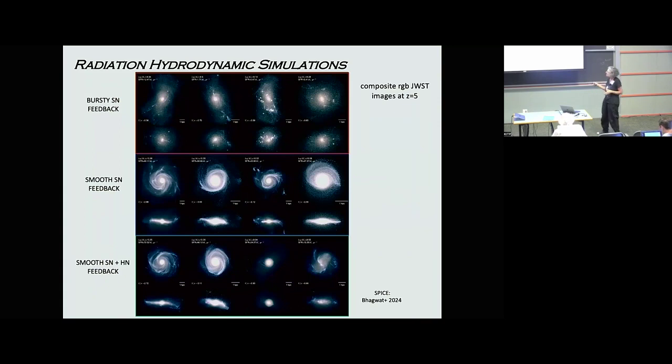The bottom case is like the smooth one, but you have some hypernova explosions, so a higher energy. And you see that with less disruptive feedback, you have the time to form nice disks. In a case in which feedback is very bursty, instead, this is not possible. So really the morphology and the dynamical properties of the galaxies are strongly affected.